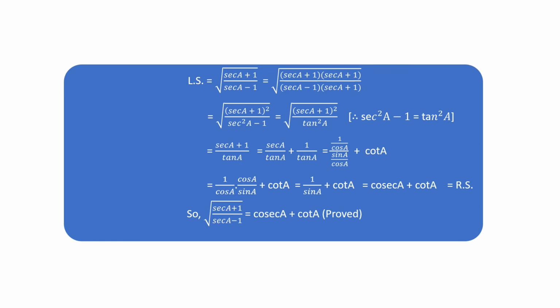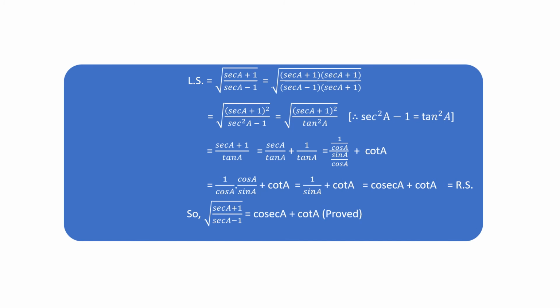Then sec square A minus 1 equals root over (sec A plus 1) whole square by tan square A. We know sec square A minus tan square A equals 1, or sec square A minus 1 equals tan square A. The square root vanishes, giving sec A plus 1 by tan A. Then arranging the parts, sec A by tan A plus 1 by tan A. Sec A is 1 by cos A and tan A is sin A by cos A, plus 1 by tan A is cot A, equals 1 by sin A plus cot A equals cosec A plus cot A, which is the right side.